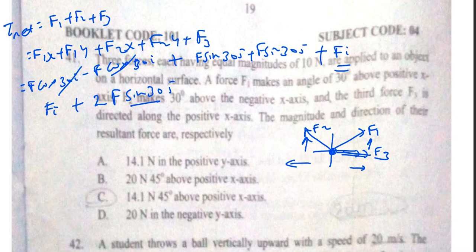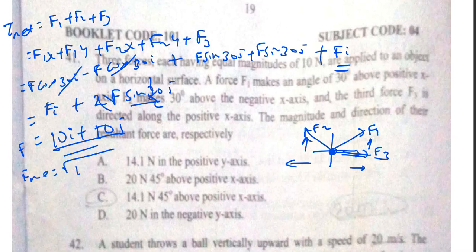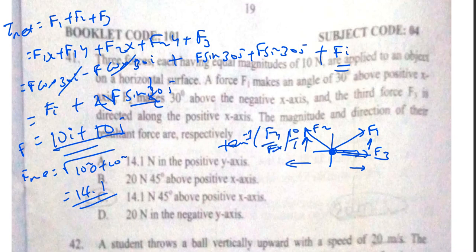So the force is 10 along i and 10 along j. The magnitude of F net is the square root of 100 plus 100, which is 200, giving 14.1. The direction is tan inverse of Fy over Fx; Fy is 10, Fx is 10, so 10 over 10 is 1, therefore theta is 45 degrees.